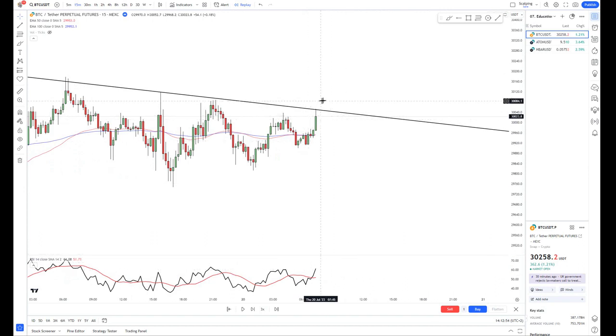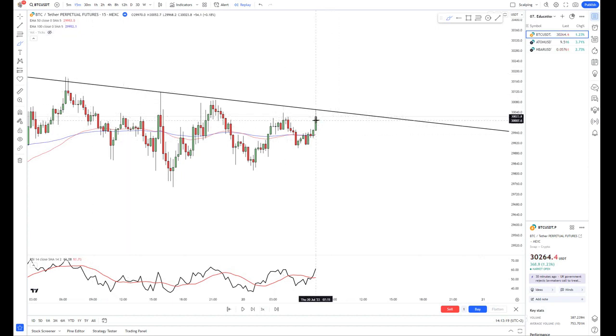But at this point you're going to watch what it's going to do, because as you can see here on the RSI, you see a bullish cross. You see RSI was moving below the red line and it crossed bullish, so could mean a move up coming.